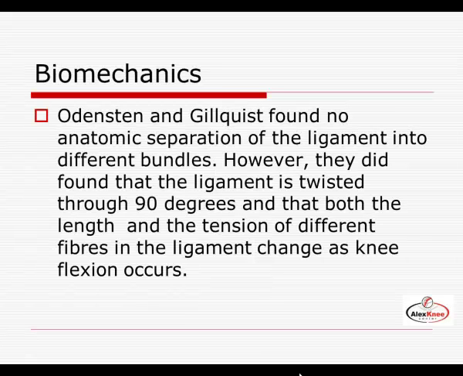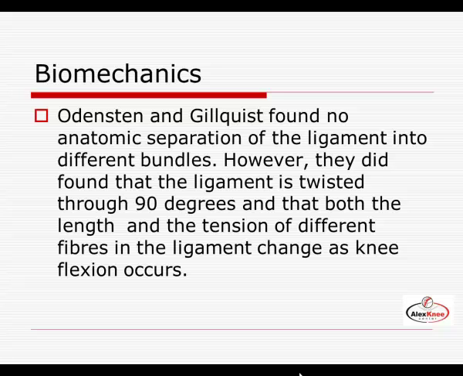Right, regarding the bundles of the anterior cruciate ligament, there has been, as I told you, some debate whether they are separate anatomical entities, anteromedial and posterolateral, or just functional bands and the ligament works as one unit. Some authors, such as Odensten and Gillquist, found no anatomic separation of the ligament into different bundles.